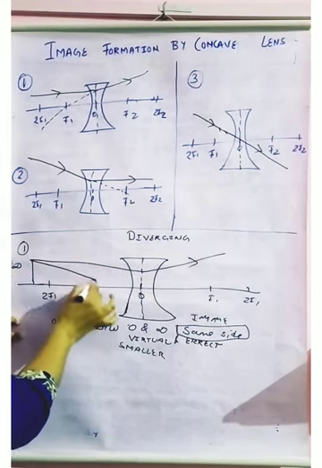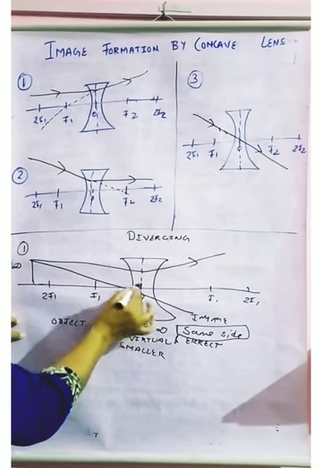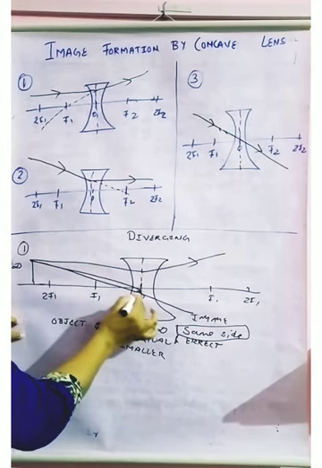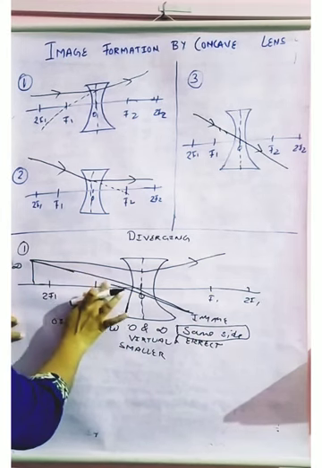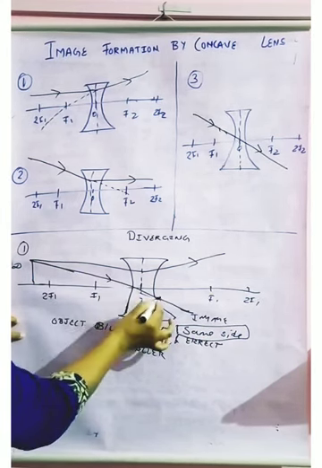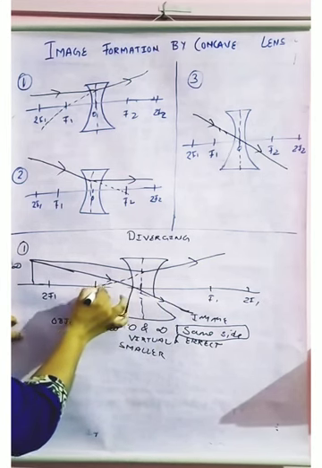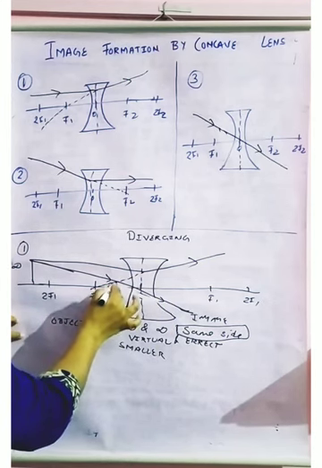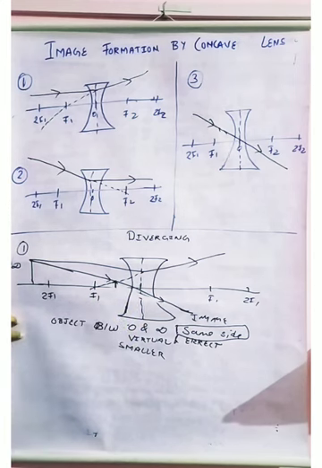One ray I am considering passes from optic center, and it will go without deviation. When I extrapolate it backward, you find that the image is formed on the same side of the object, and the size of the image is smaller. Understood?